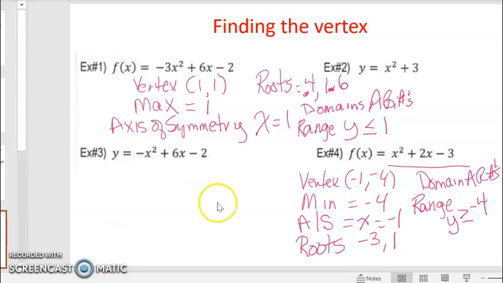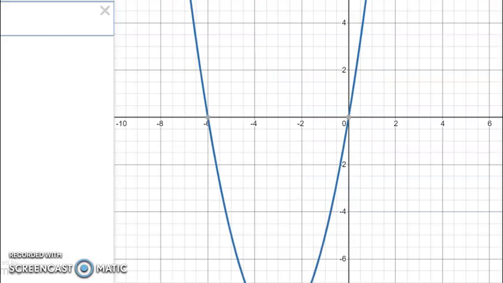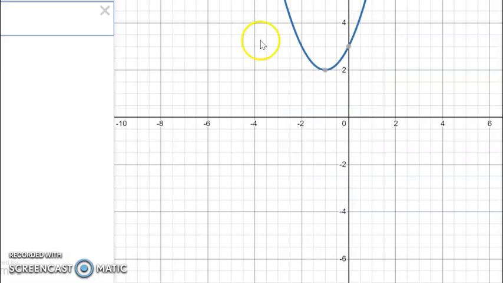Now, what if our graph does not cross the x-axis? Will we have roots? Let's just try something. You see my graph this time doesn't cross the x-axis, so there are no roots. I do have a vertex, which means I have a minimum value of 2, and I have an axis of symmetry of -1.